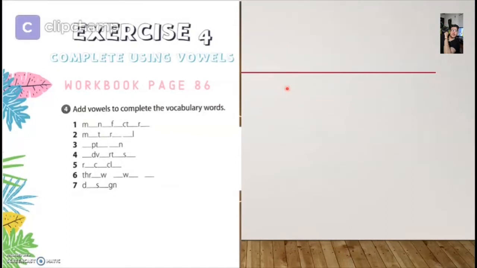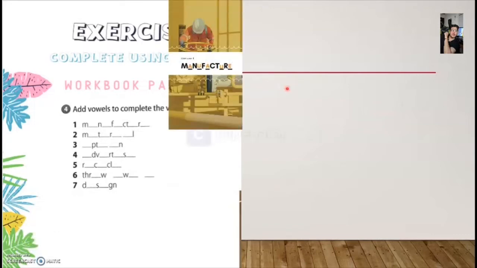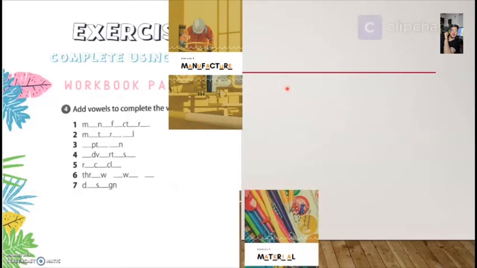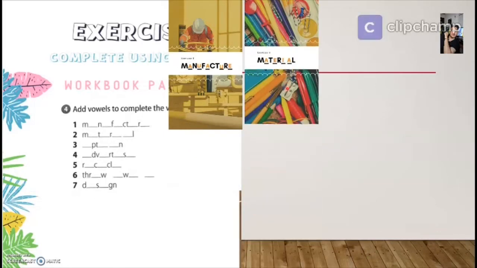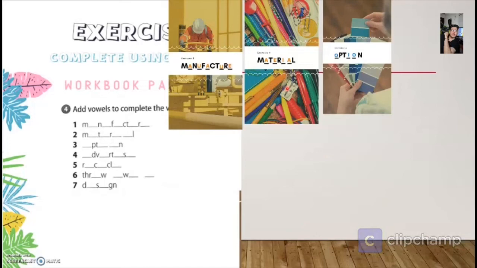Okay, and let's continue with exercise number 4, complete using the vowels. Basically teacher Mariana put some images to help to answer this. So in number 1 we have manufacture. Remember, talking about industry, about the machines, we have manufacture. So for number 2 we have material, the things that you have in the school, maybe a sharpener, colors, pencils. For number 3 we have options, okay, when you have to choose something.